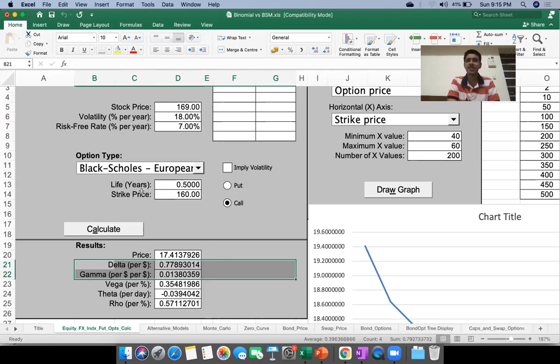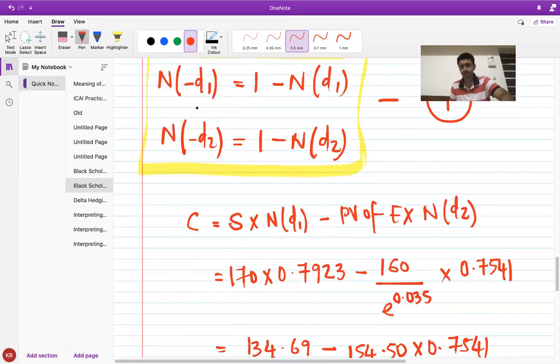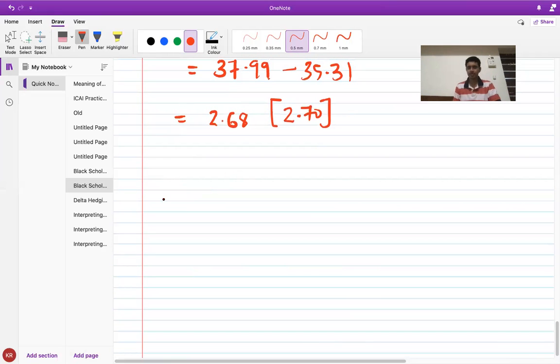Anyways, I've shown you what the meaning of ND1 is. ND1 is nothing but the delta of a call option. Let me write that down. ND1 is delta of a call option.